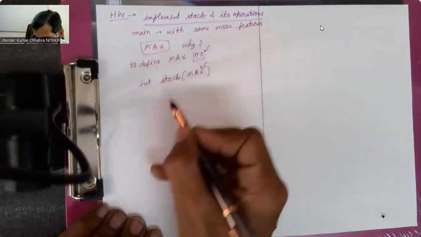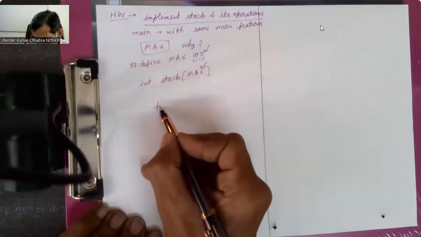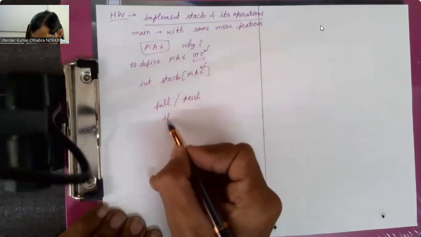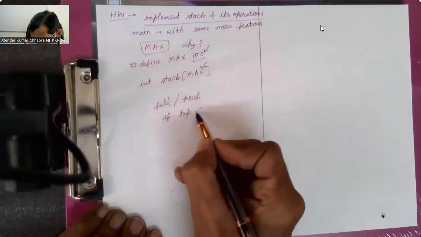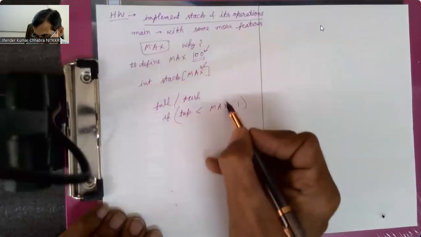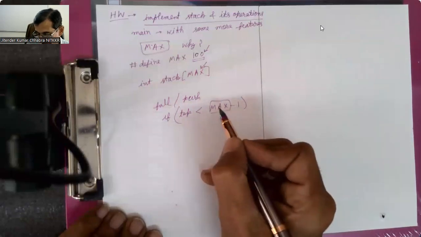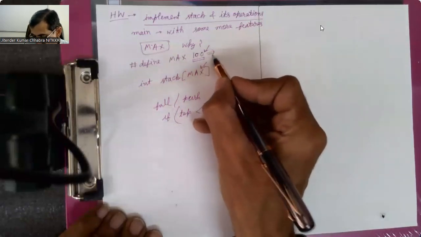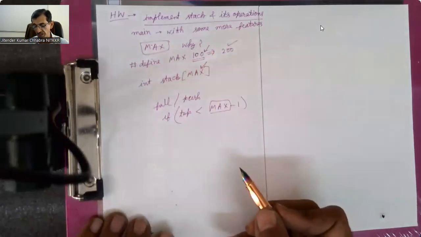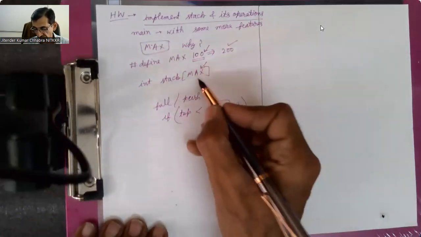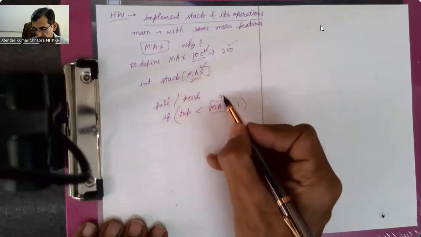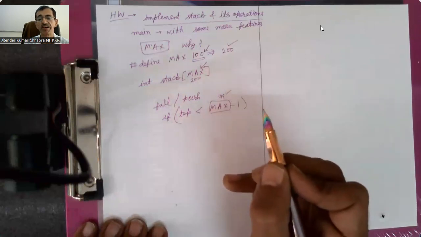Here also you have used max. In your full status or in your push, you have written if top less than max -1, something like this. Let's say this 100 you change to 200. Immediately your code is ready to work with a stack of size 200. Automatically this will become 200, automatically this will become 199, and everything will be fine.